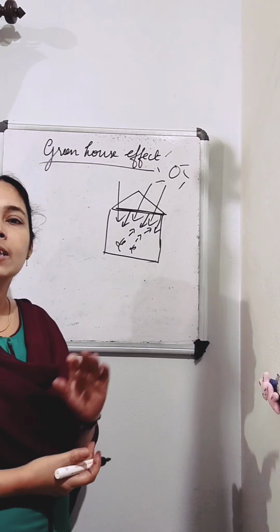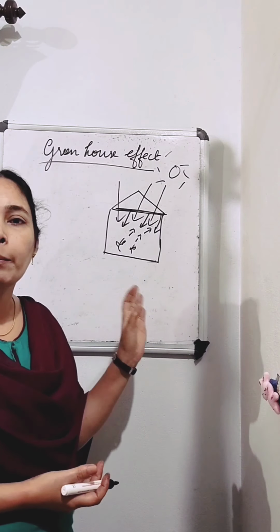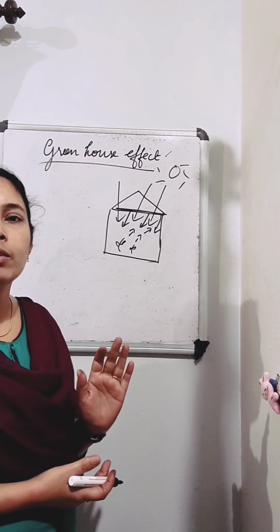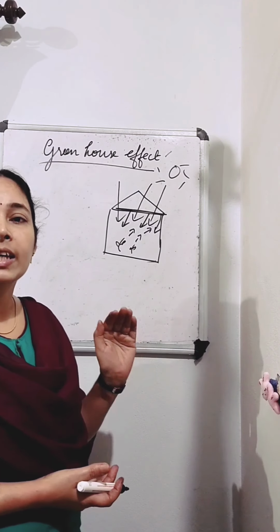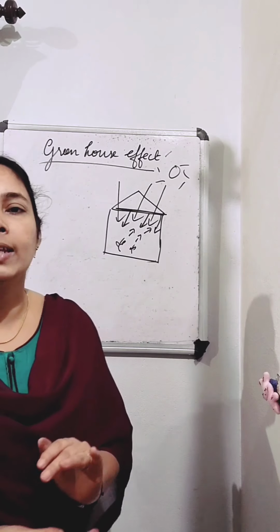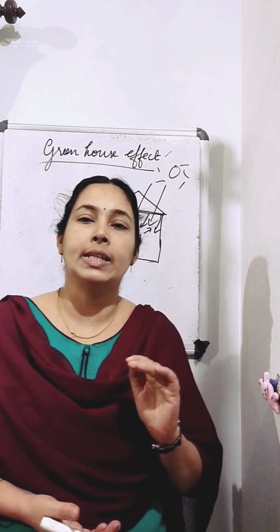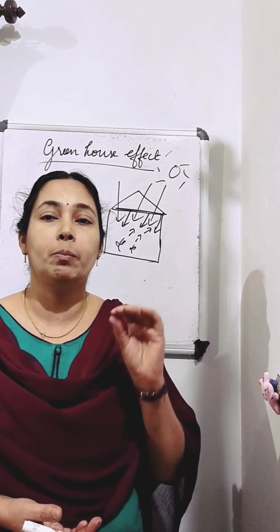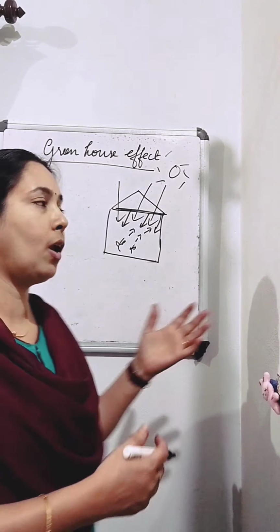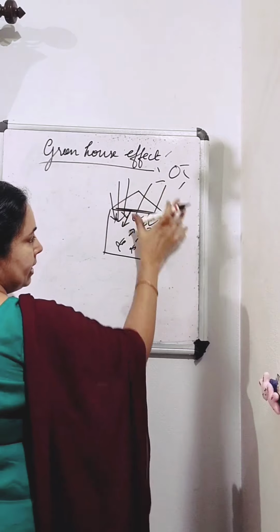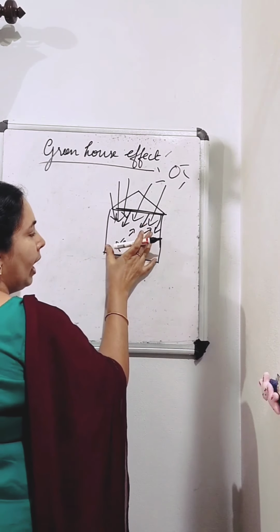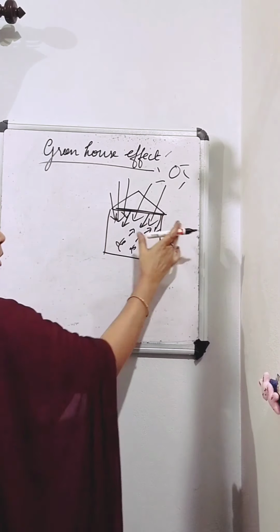Thus glass houses trap the thermal energy instead of letting it escape. Hence the temperature inside a glass enclosure will be much higher than the surroundings.